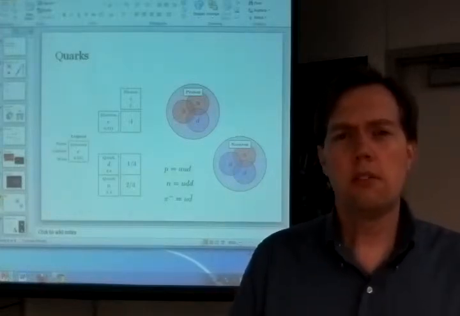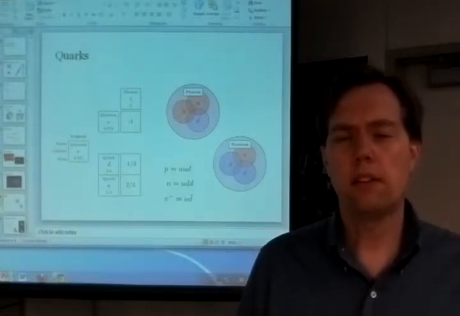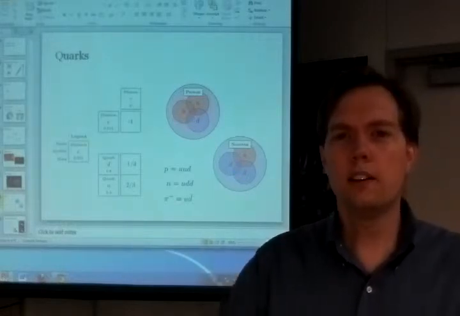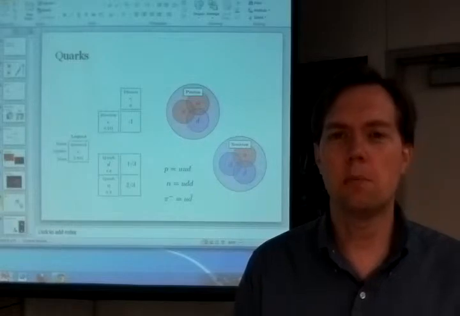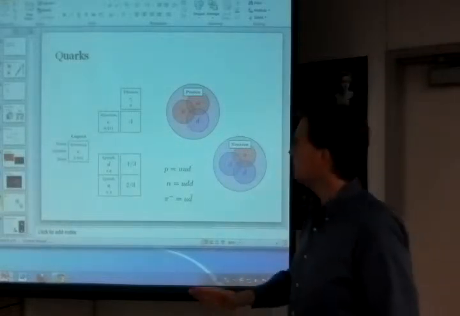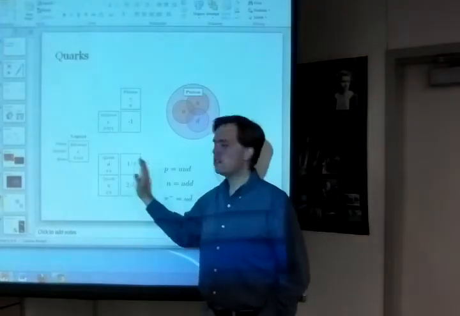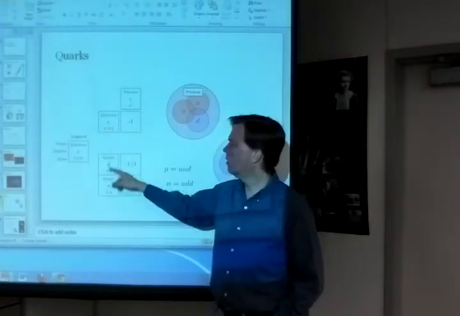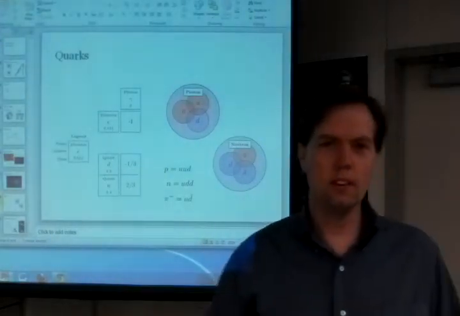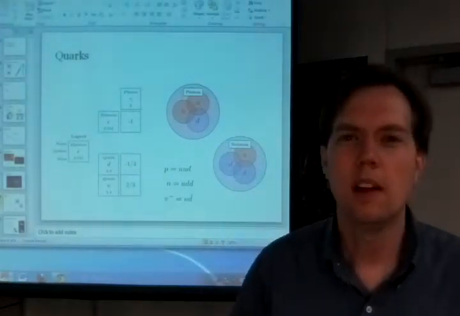So once you lay that theoretical framework down, you can start to explain different ways of combining these kinds of particles together. And actually, what's been discovered is that there are 6 of these quarks. There's a U and a D, C, S, T, and B. And they have names.